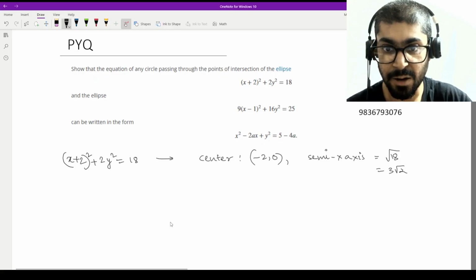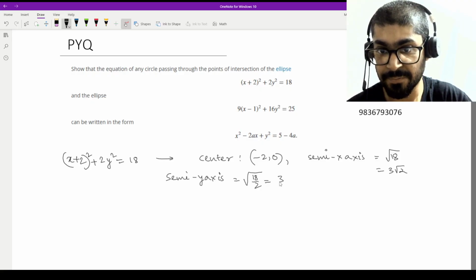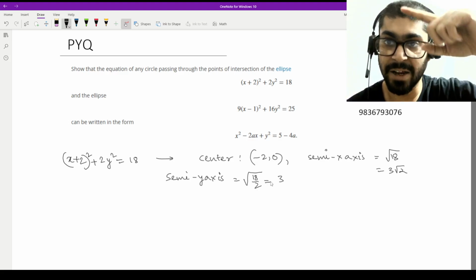Now we can calculate the semi y axis as well. This will be basically the division, root 18 by 2, which is 3. That means 3 units up and 3 units down.